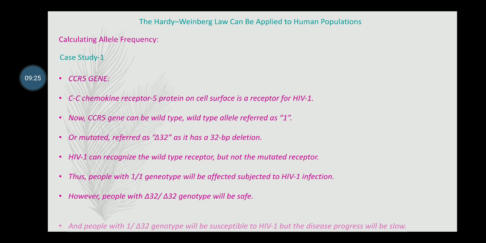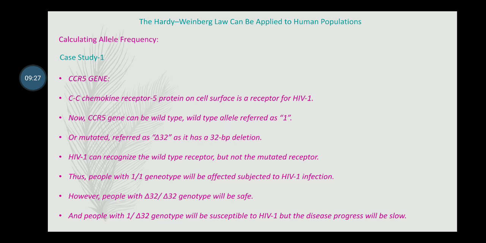But the heterozygous 1 by del32, having the wild type allele at one locus and the mutated allele at the other, will be susceptible to HIV-1, but the disease progression will be slow because 50% of the receptors will be mutated, not recognizable by HIV-1.